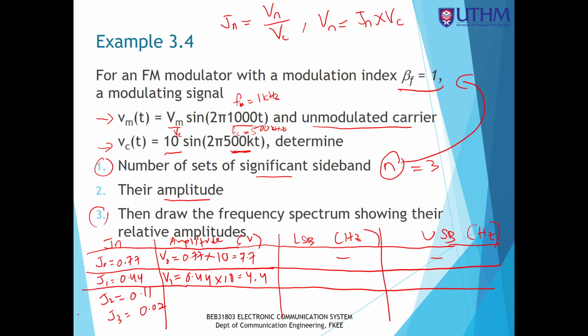What about the frequency? The frequency for the lower sideband is equal to Fc minus Fm.